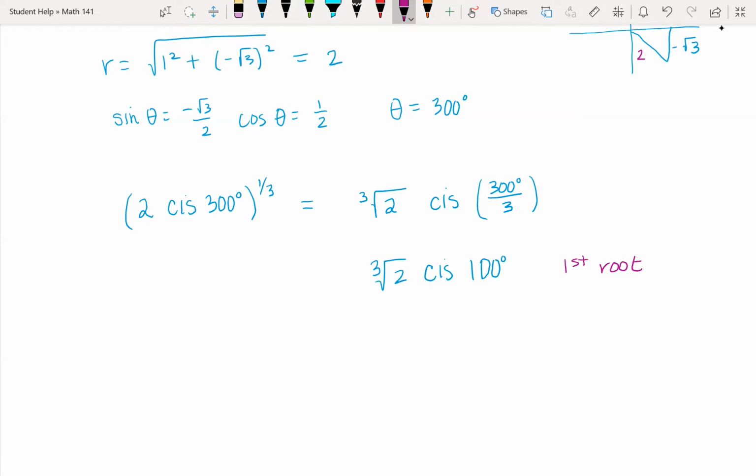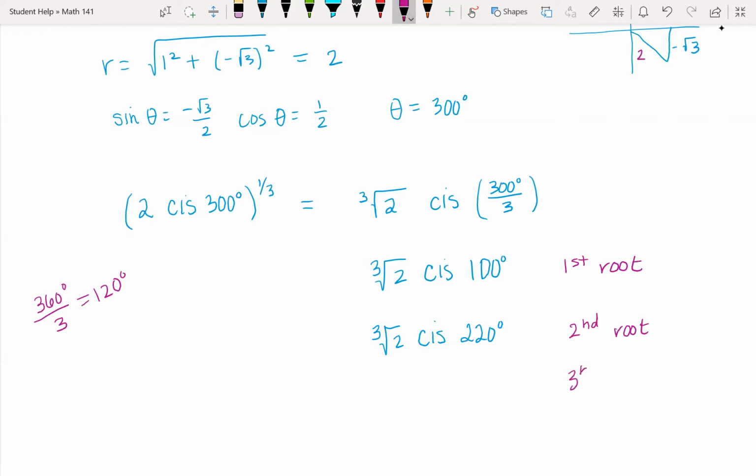Now, if I take 360 degrees and I divide it by 3, that's going to be 120. So each root is going to be spaced by 120 degrees. So for my second answer, I'm just going to add 120 degrees to the angle that I had. So I'll have cube root of 2 cis 220 degrees.